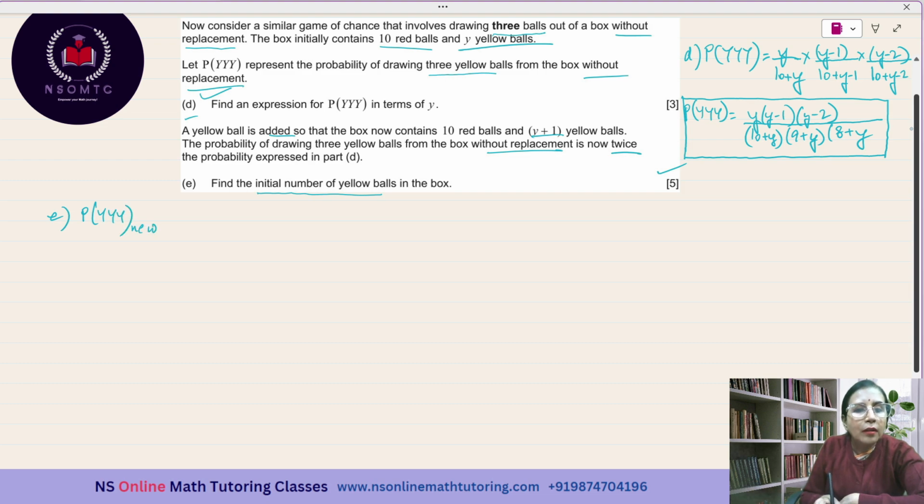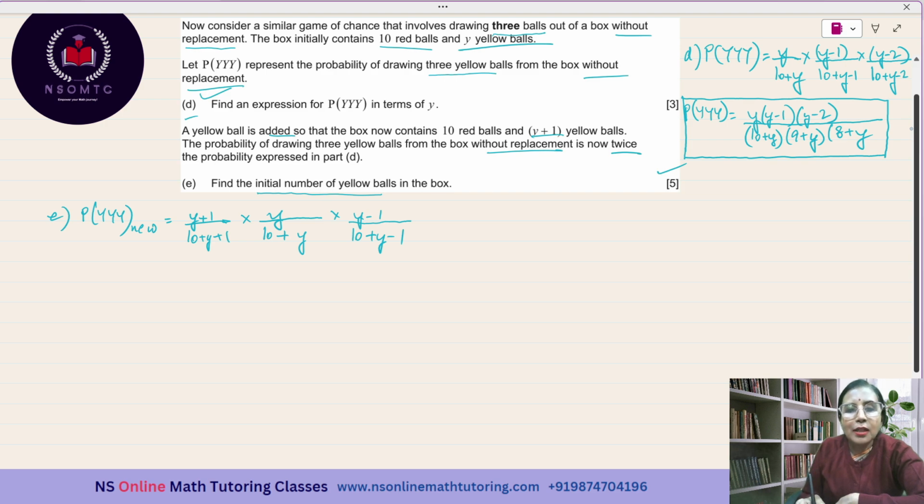The new probability is equal to: now there are y plus 1 yellow balls, and the total number of balls is 10 plus y plus 1, times, 1 has been taken out, so it is y over 10 plus y, times y minus 1 over 10 plus y minus 1.